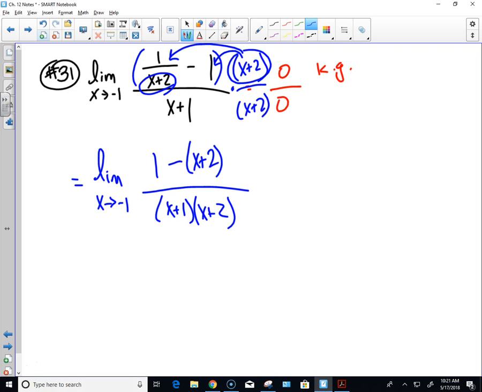Pause, questions, because that's the hard part. Multiply top and bottom by the stuck denominator, distribute. Think of x plus 2 over x plus 2 if you want to think of him as over 1. That just reduces to 1. This one is itself. The bottom, just group it and show it.